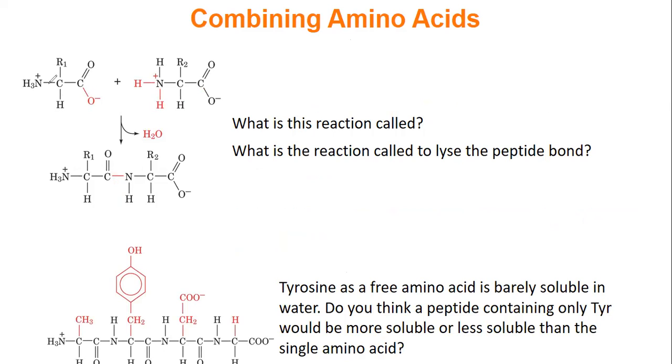So we have amino acid 1 and amino acid 2. We take 1 oxygen and 2 hydrogens away, and we form what's called the peptide bond. Now we are making water in this reaction.